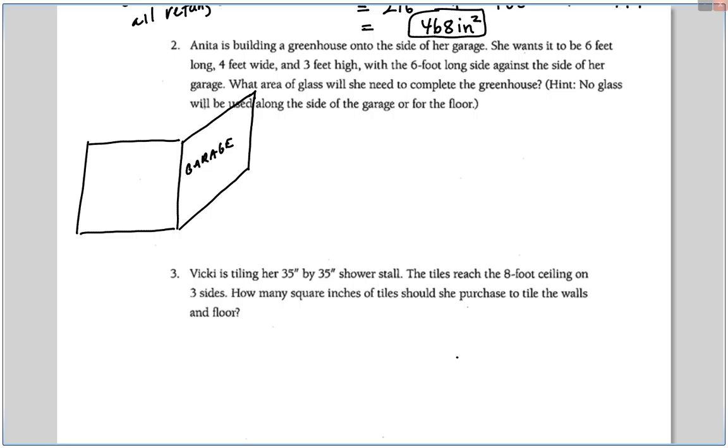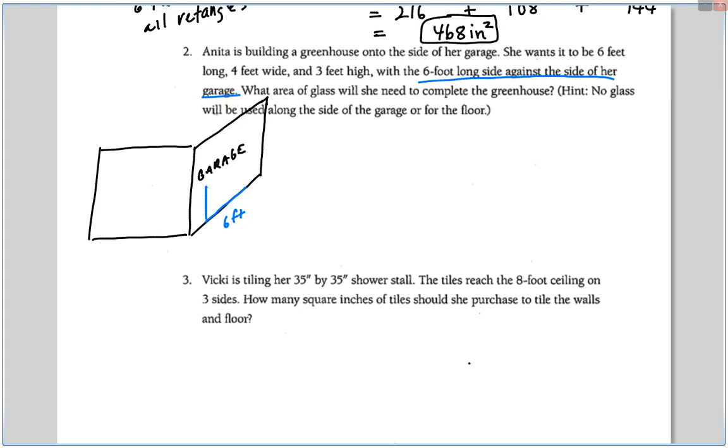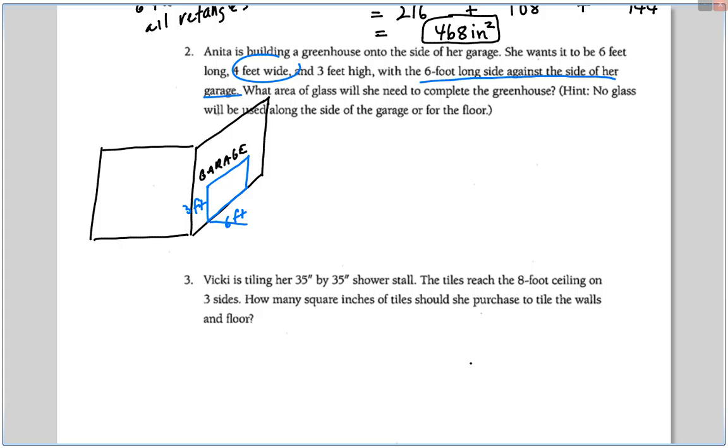And now she wants it to be 6 feet long, and they said that was the side, 6 foot long side against the side of her garage. And that's 3 feet high. Three feet up and down, and then 4 feet wide. So now you're gonna put it out 4 feet like this.